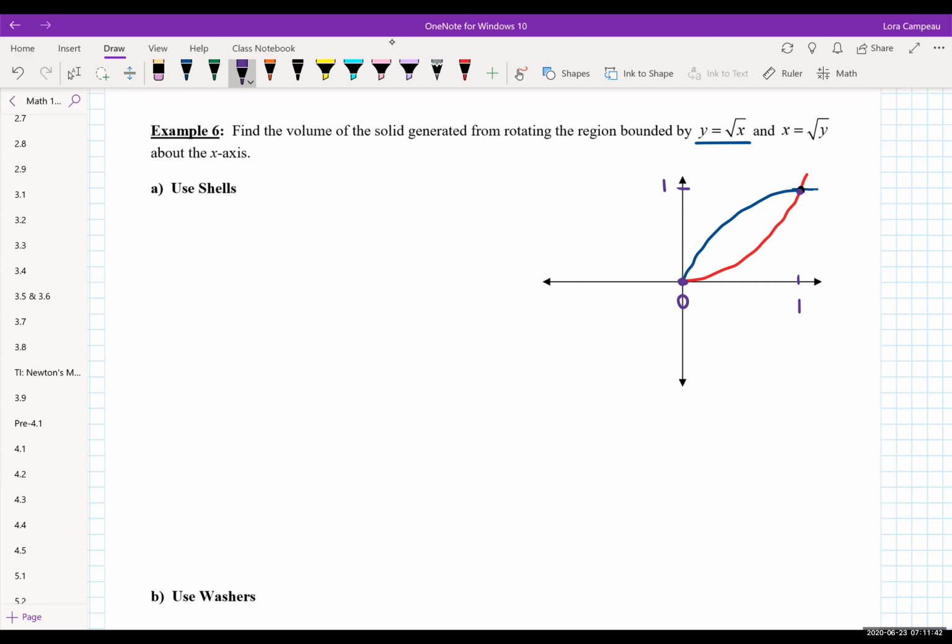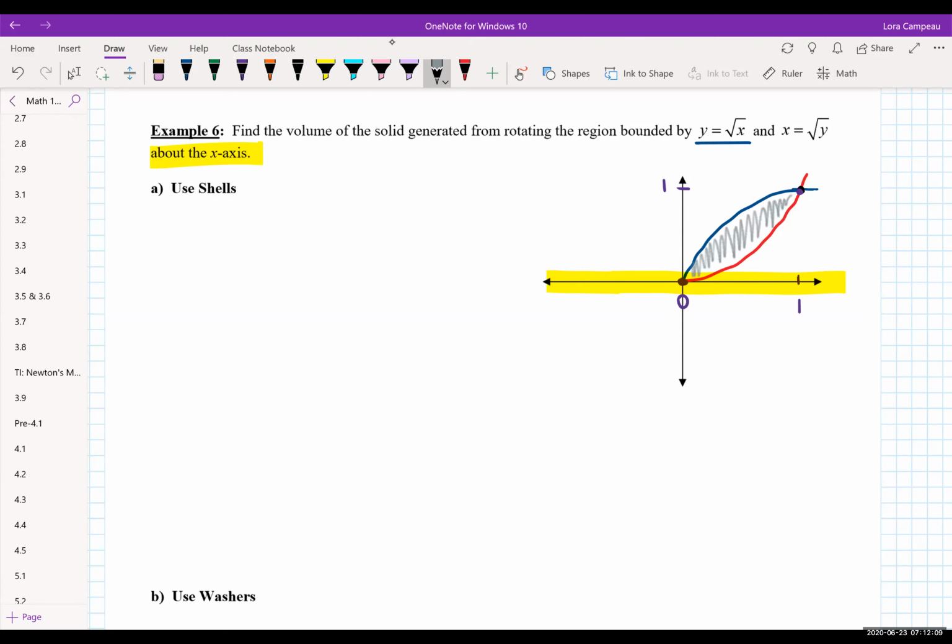So if we decide to use shells, we have to remember that the cross section should be parallel to the axis of rotation. So who are we doing? About the x-axis. Okay, so x-axis is this. The region itself is kind of this almond-shaped region.